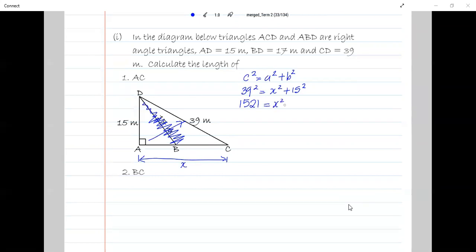This is X squared. 15 squared is 225. Positive 225 goes over and becomes negative. And so X squared would be equal to 1,296. The opposite of square is square root.